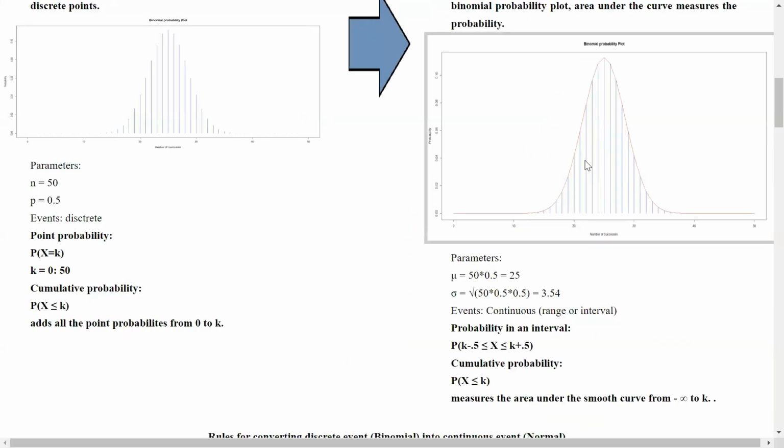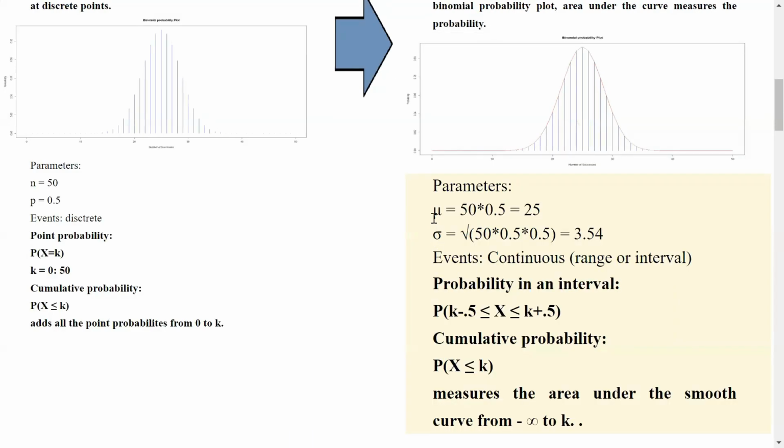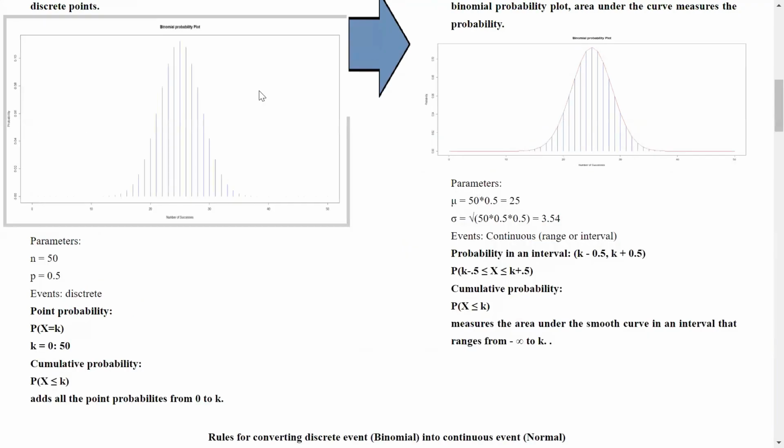Whereas in this normal distribution, the parameters change to mean mu equal to 25 and the standard deviation sigma equal to 3.54. And the events are continuous here in a range or in an interval.